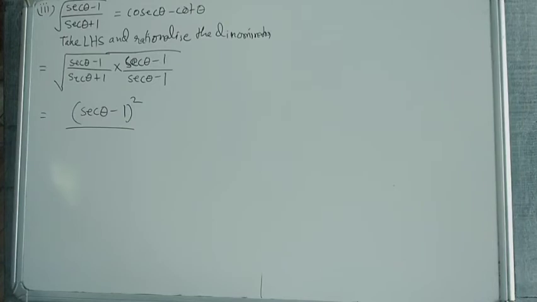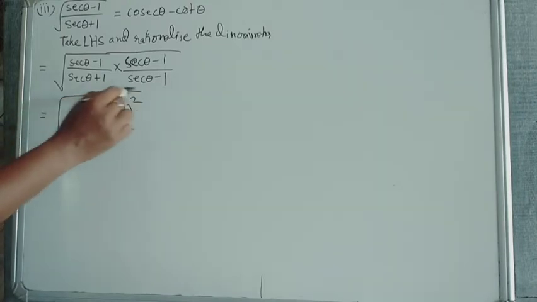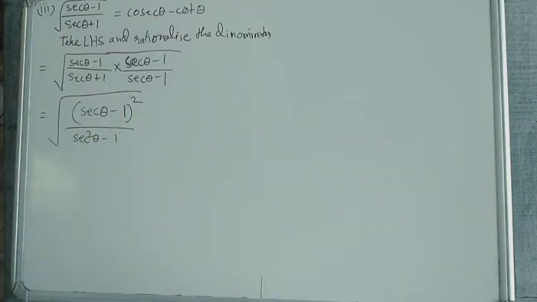Here the formula is a plus b, a minus b, that is sec square theta minus 1 square, you can also write. Is equal to, this we will keep now, sec theta minus 1 whole square by sec square theta minus 1.